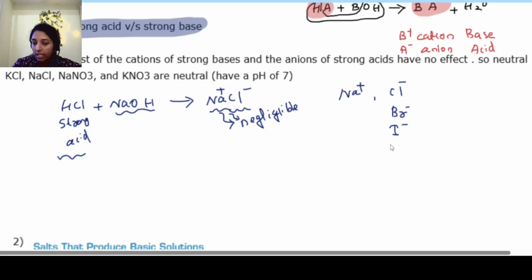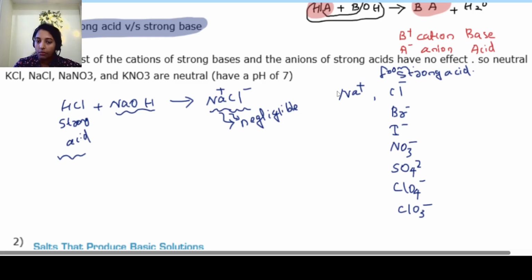Similarly, other strong acids are HNO3, nitric acid, H2SO4, so SO4 2-, HClO4, perchloric acid, so perchlorate, and the last one, chloric acid, HClO3, so chlorate. These anions come from strong acids, so these all are neutral ions.